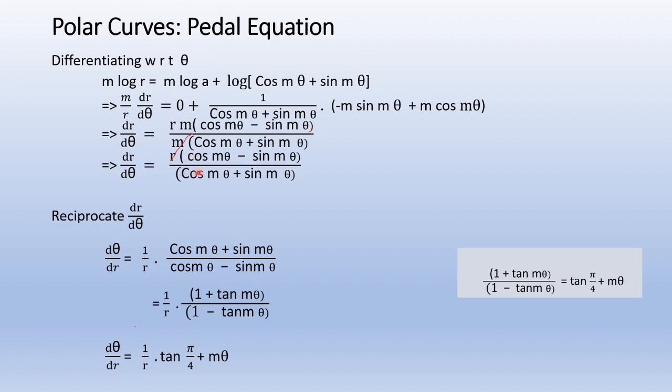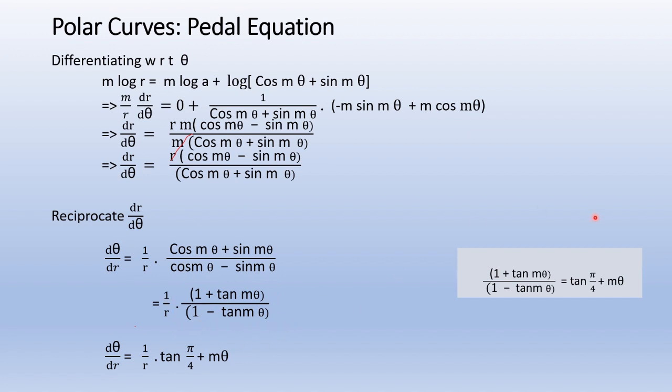Reciprocate dr by d theta. r reciprocate becomes 1 by r, and this will become cos m theta plus sin m theta by cos m theta minus sin m theta, which is equal to 1 by r times 1 plus tan m theta by 1 minus tan m theta. We know 1 plus tan m theta by 1 minus tan m theta is tan of pi by 4 plus m theta.